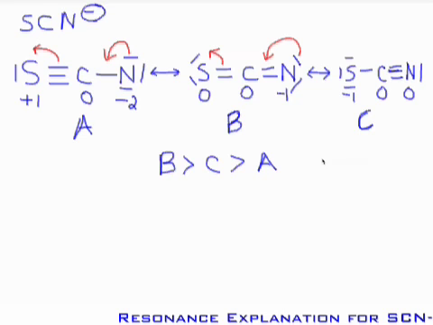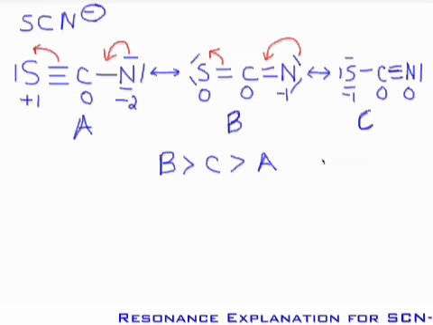If it said explain and justify your answer, I would have to write out the following. I'm not going to take the time to write it all out, but I'd simply have to say all these resonance structures have filled octets. Structure B is the greatest contributor.